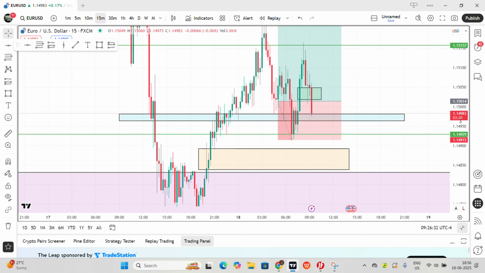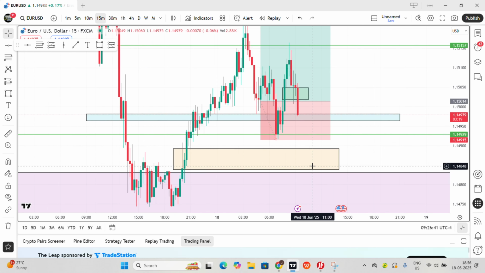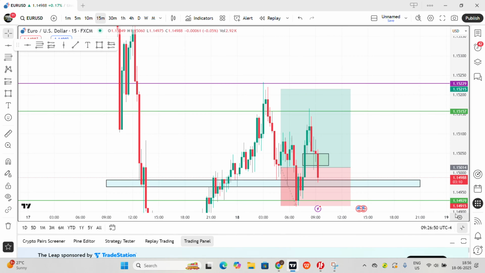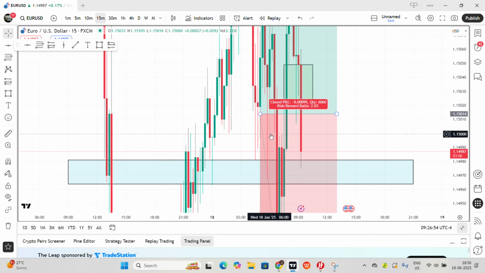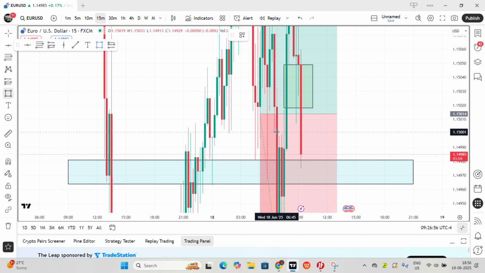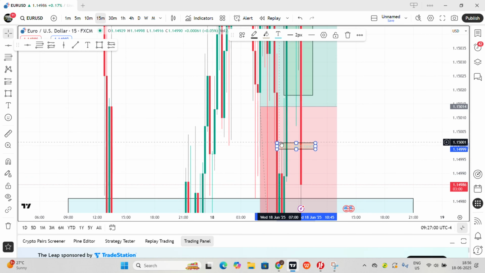We have got almost 3 minutes 24 seconds before this 15-minute candle closes, and I would want the bodies of this candle to close at least, I'll mark this out, in this 15-minute inverse FVG.